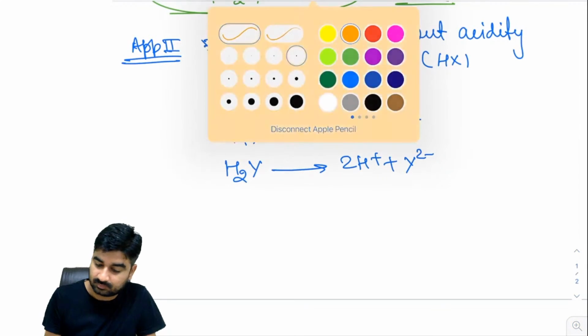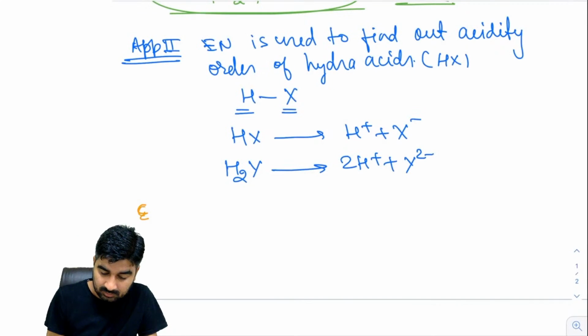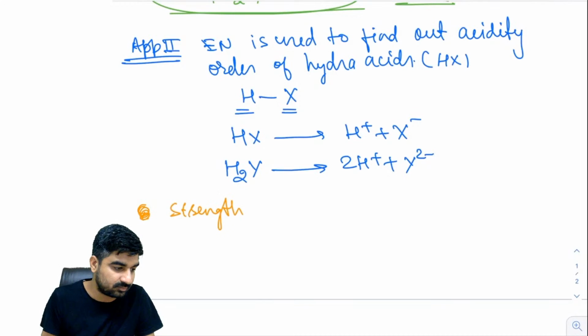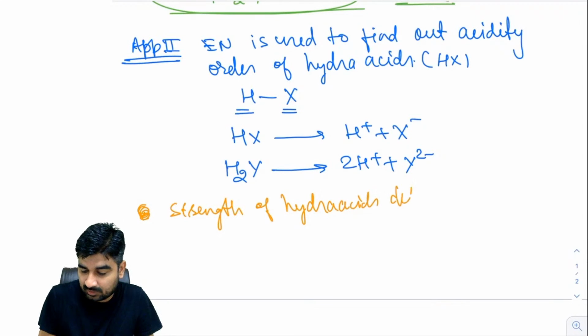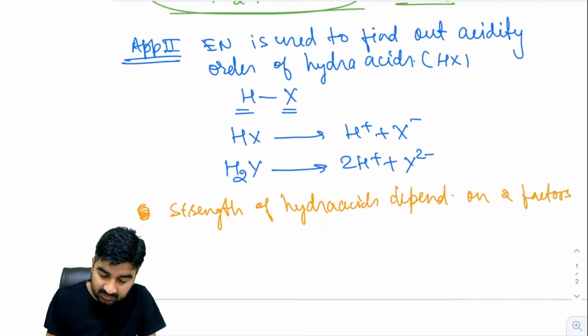So the strength of hydracids depends on two factors. And what are those factors?